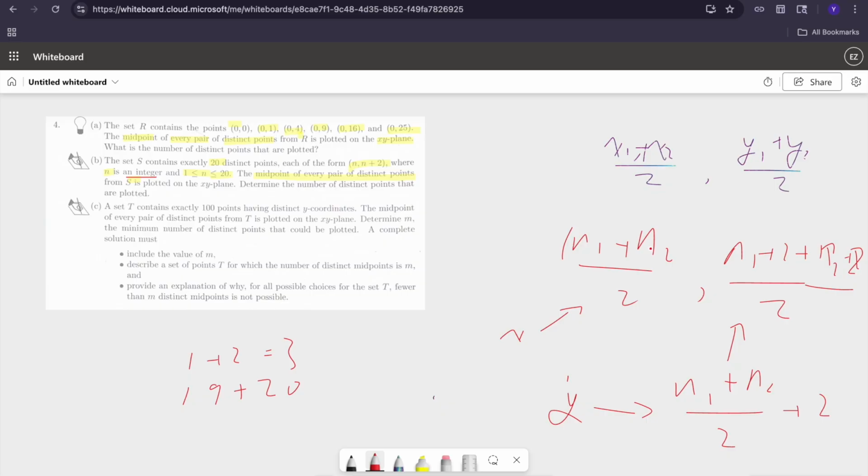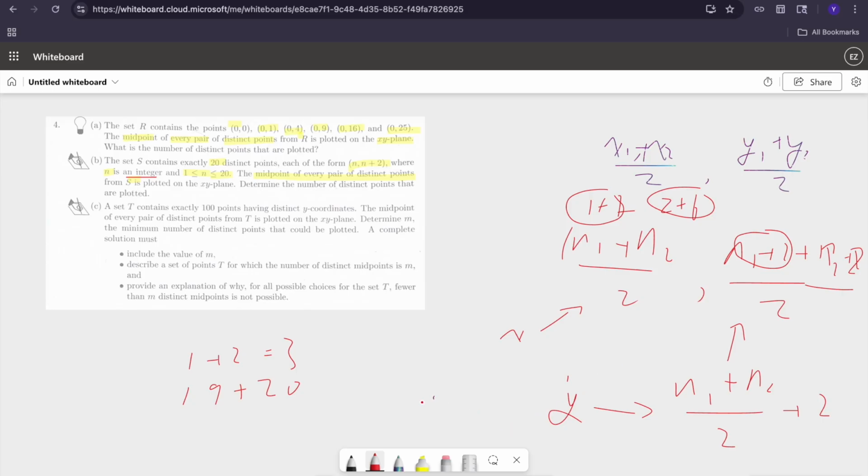As long as we get an x value, no matter what, for example 1 plus 7 or 2 plus 6, even though n1 and n2 are different, we still get the same y, since this part is maintained the same for these two scenarios. So the result should also be the same.